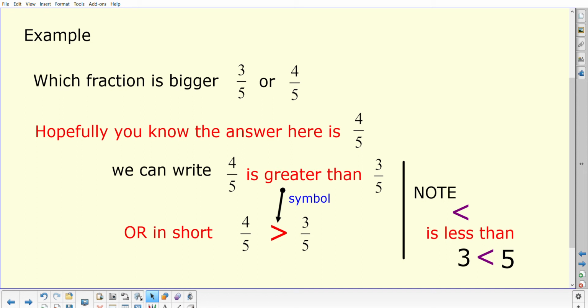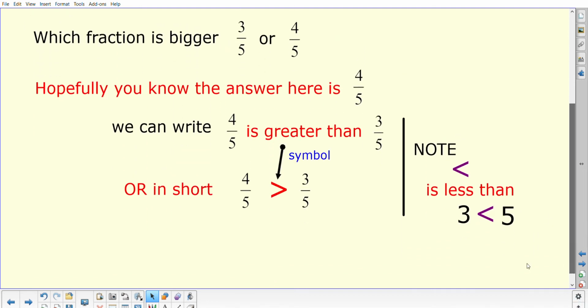So 4/5, we could write in words, is greater than 3/5, or we could use this little symbol that says 4/5 is greater than 3/5. If the symbol was the other way around, for example, we could use it to say that 3 is smaller or is less than 5. So the pointy end is pointing to the smaller number.